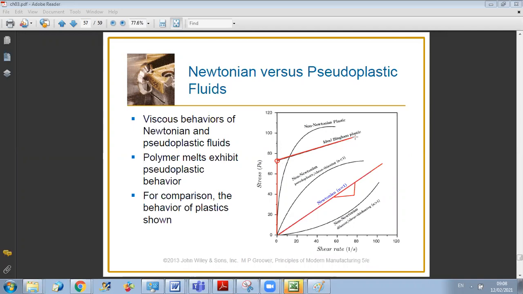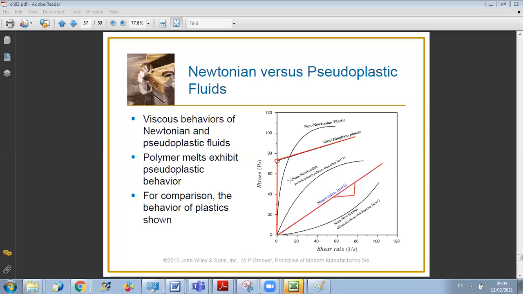So this is called the ideal Bingham plastic, which will change behavior depending on the value of the stress. Now, for non-Newtonian fluids, we have several possible behaviors. We can have an increase of viscosity with shear rate, or we can have a decrease of viscosity with shear rate.